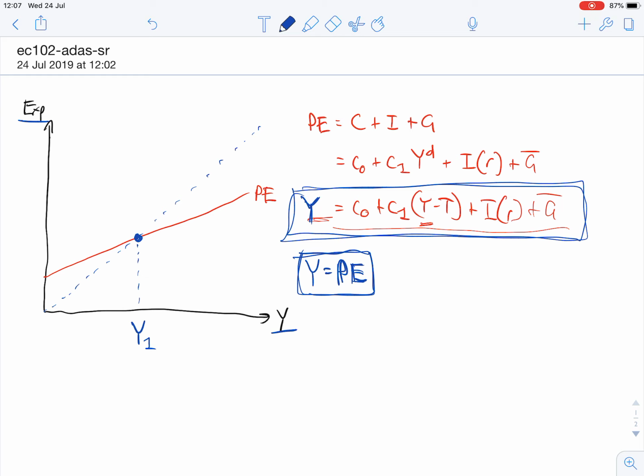I'm going to go ahead now and use this as my point of departure for question 2 in problem set 4 of part 2. So the question asks us to show the impact of an exogenous increase in government spending, or I think it says public expenditure, which is the same as government spending.